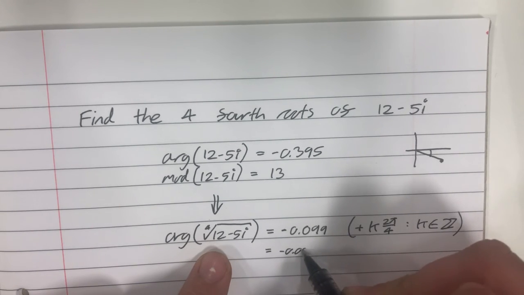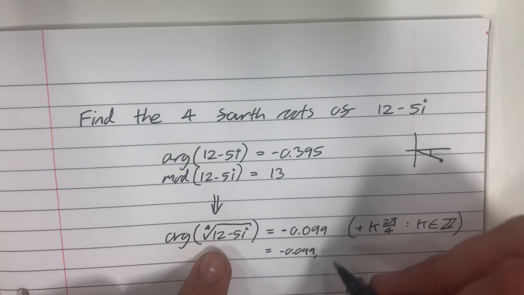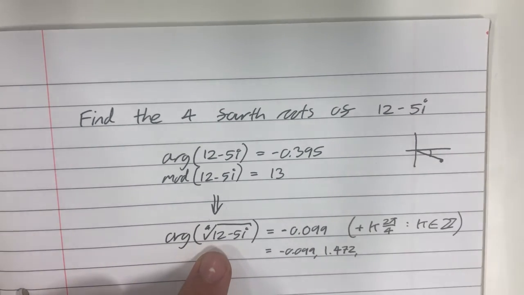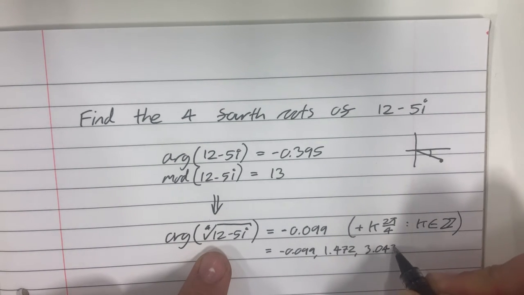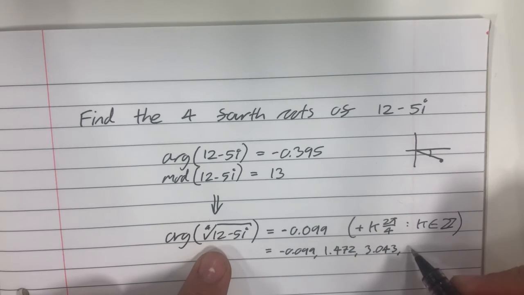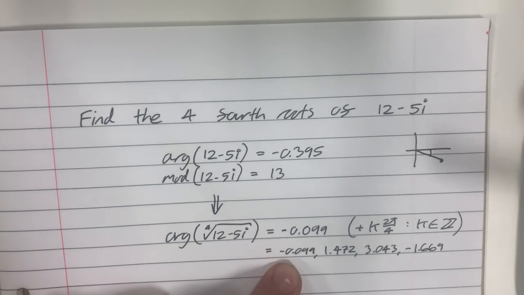So we've got minus 0.099, add pi on 2 to that, 1.472, 3.043. The next one's above pi, so I'm going to subtract 2 pi from that, and I get minus 1.669. If I add pi on 2 to that, I should end up back here, so I'm just going to check that, and I do.